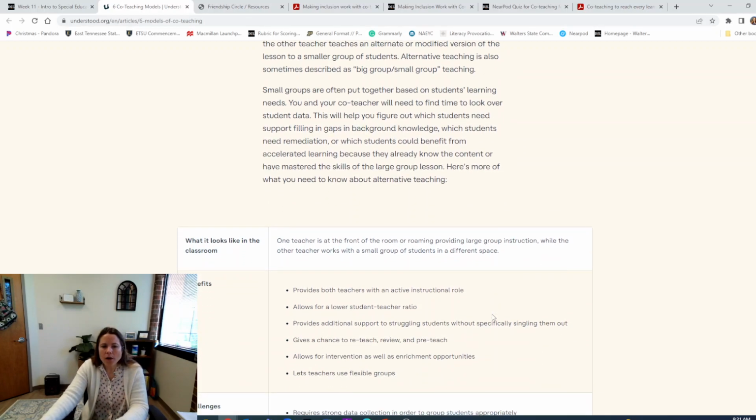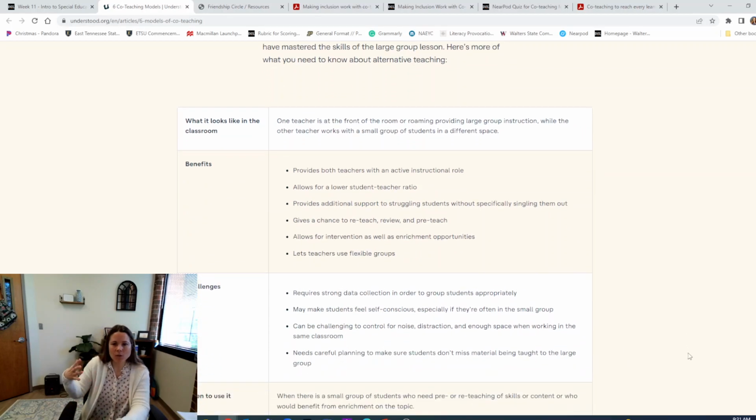So when you are seeing what this looks like in a classroom, you're going to have that one teacher who is providing the large group instruction, while the other one is pulling a small group in a different space in the classroom. Once again, there are many benefits. This allows for a lower student-teacher ratio because you're pulling that small group out.